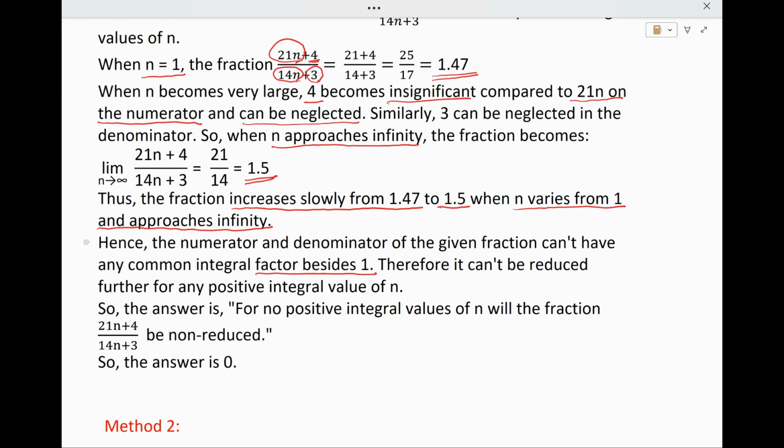It cannot have a common factor of 2 because the fraction itself never gets a value of 2. Therefore, it cannot be reduced for any positive integral value of n. So the answer is, for no positive integral value of n will the fraction be non-reduced. Therefore, the answer is 0.